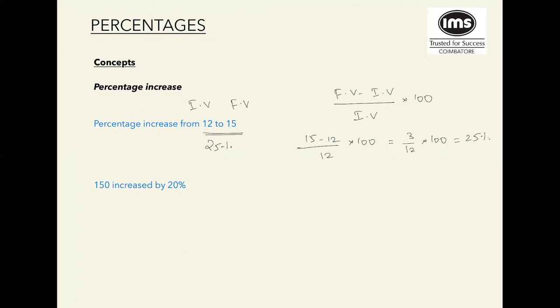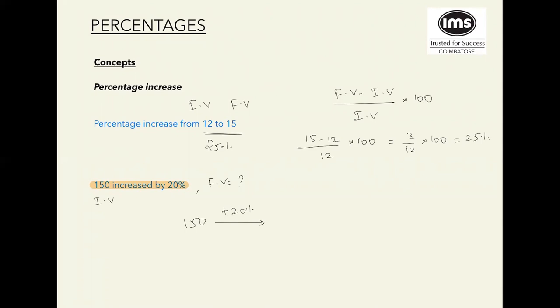Now let's look at this example. 150 is increased by 20%. Okay, so the initial value here is 150. This has seen a 20% jump. And the question is, what is the final value? Okay.